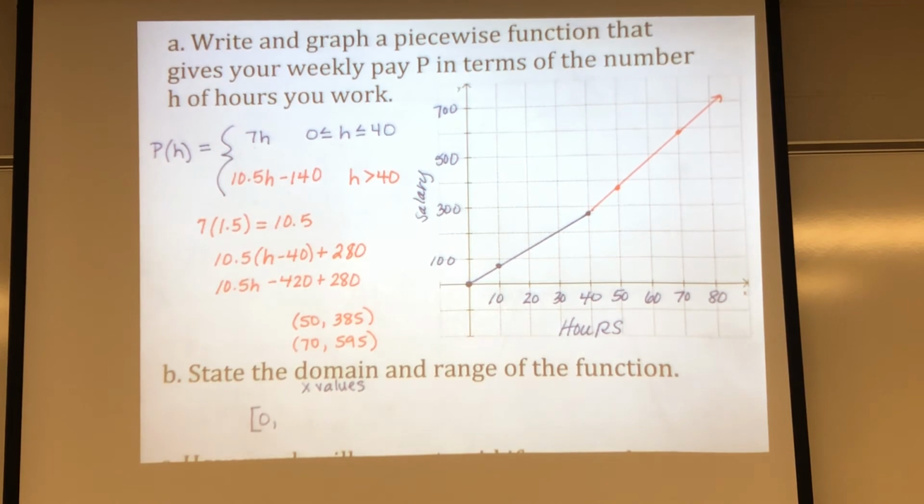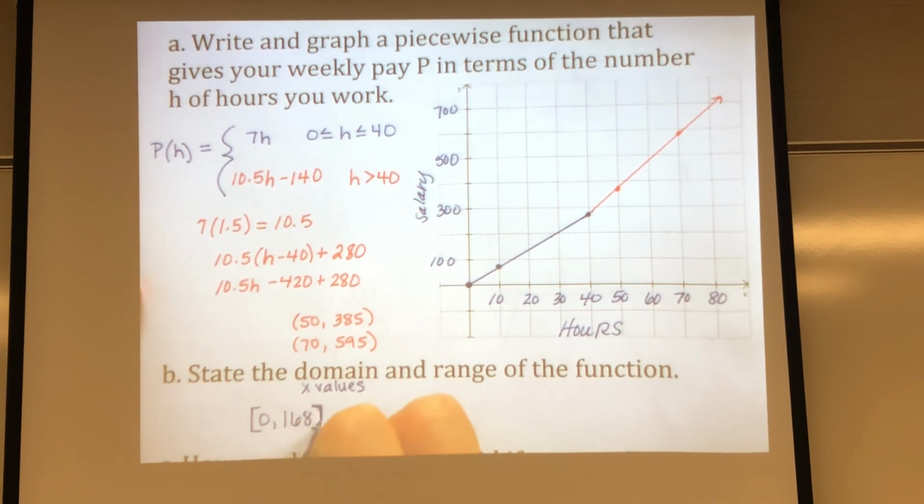And then what our highest amount that we could work in a week would probably not be feasible. But if you worked 7 days a week, 24 hours a day, it would be 168 hours. I don't think anybody would actually do that, but technically that's your domain. Range is your y values.